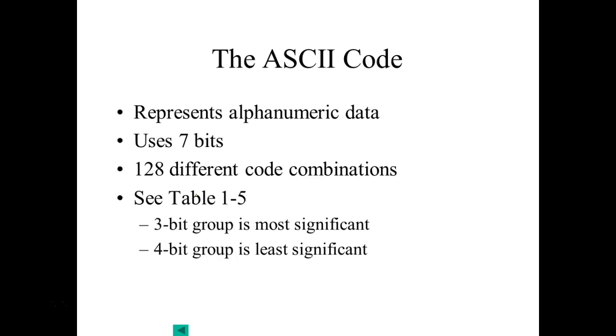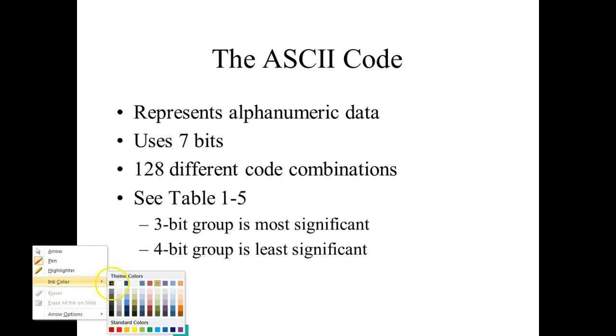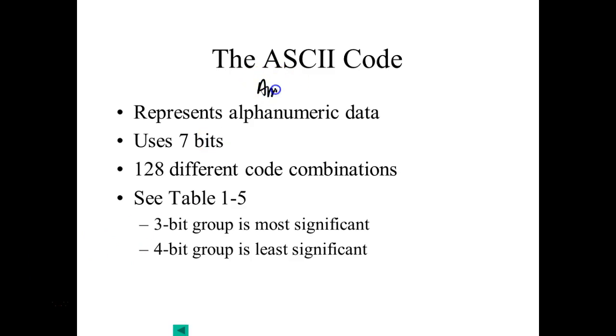So this code right here, ASCII, is a true acronym. Because what I did is I took American Standard Code for Information Interchange. So that's what ASCII stands for. And they drop the "for" because it's not a pertinent word and it messes us up, right?